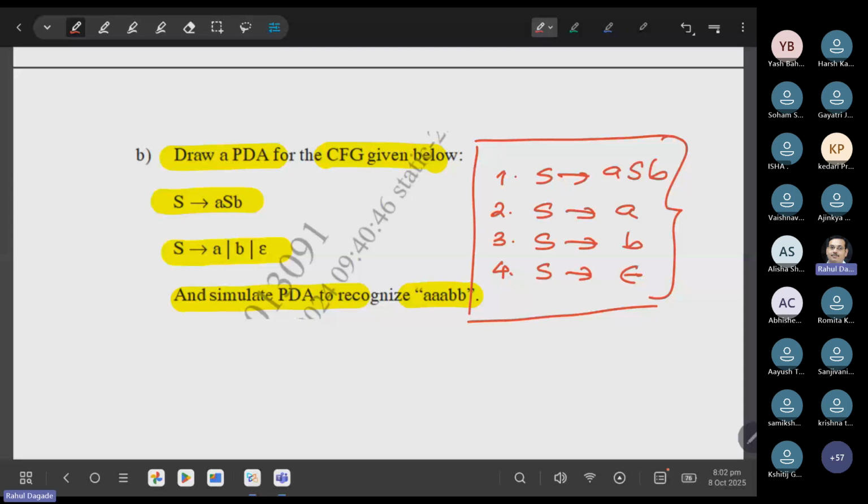In PDA we have external memory as stack, while in Turing machine we have a memory in which we can go forward, backward, anything. So that means it can work as last in, first out, or first in, first out, or anything. That means we can write in memory, input memory. So we will learn Turing machine in the next lecture.